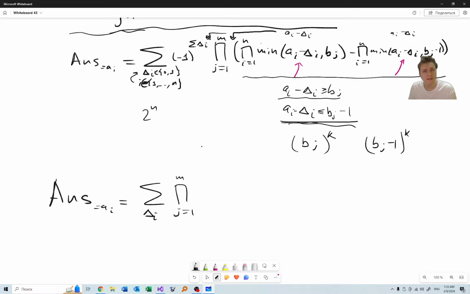And then it is kind of interesting because, first of all, each ai minus delta i which is at least bj is put here as a product. So let's say i from 1 to n, and ai minus delta i is at least bj. So for these things, we simply say ai minus delta i.